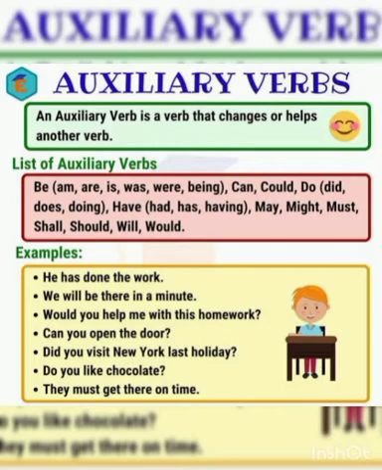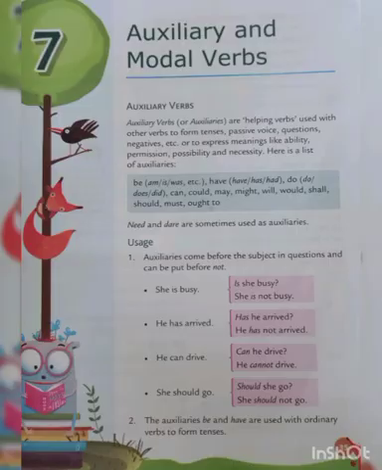Auxiliary verbs come before the subject in questions and can be put before not. If the statement is a question, it always comes before the subject. And if the statement is negative, it will be placed before not.